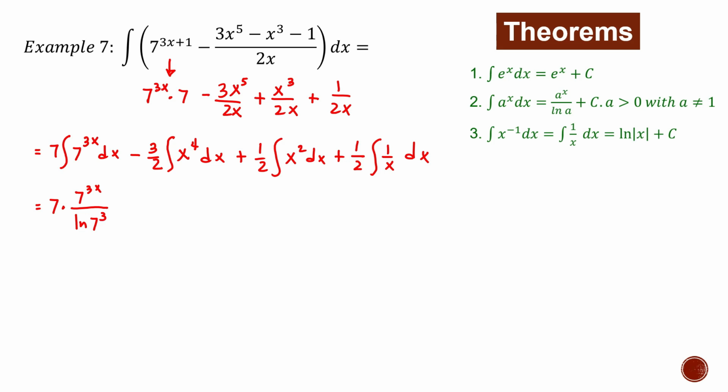Okay, minus 3 over 2 times x raised to 5 over 5, right? Plus 1 half x raised to 3 over 3. Okay, and then plus, again, we add 1 to the exponent 2, and whatever the exponent, that will be our denominator. This will be 1 half.